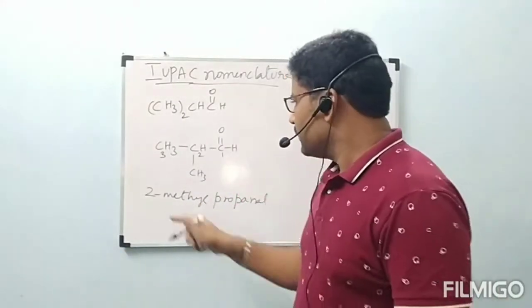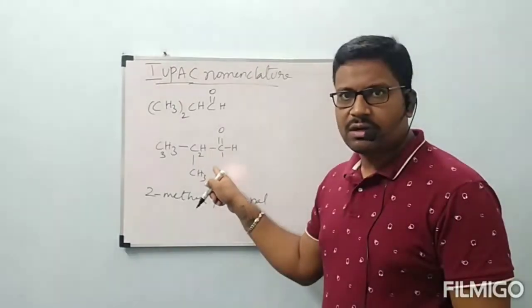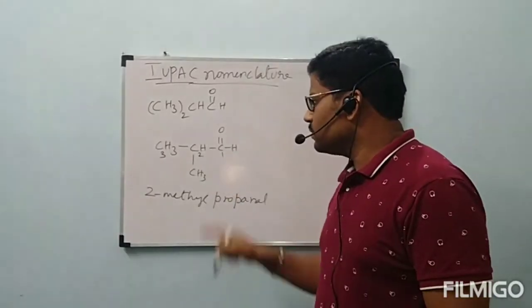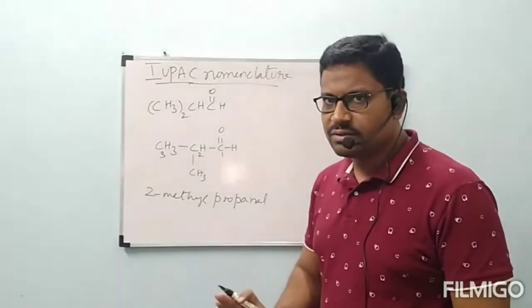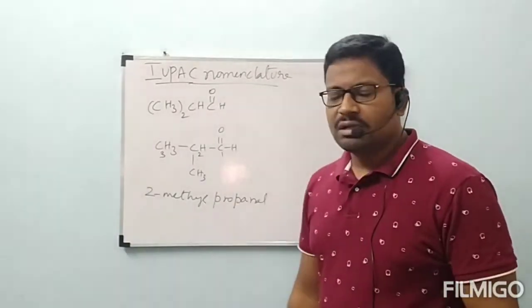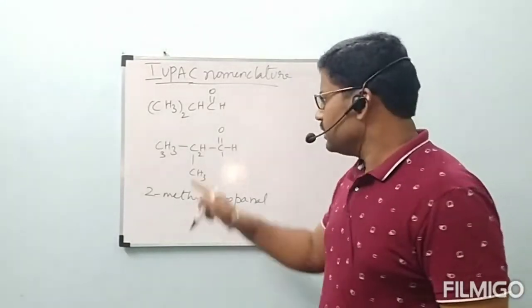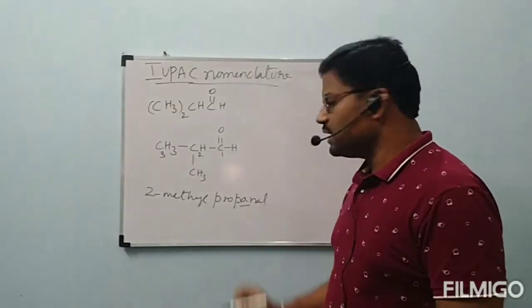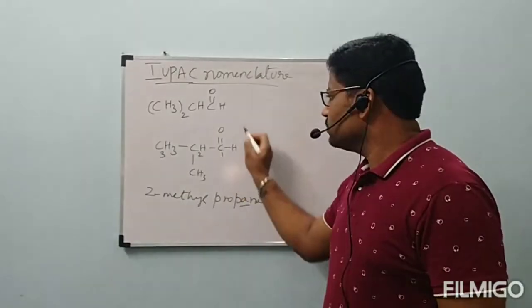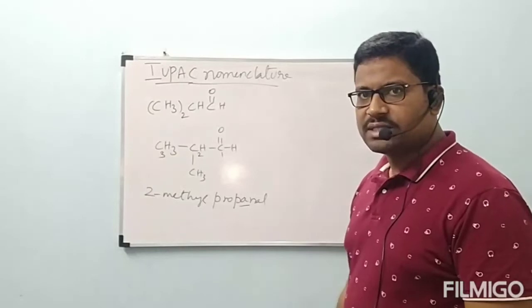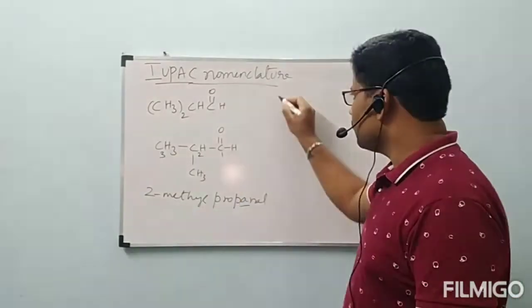So please don't think that this C double bond O makes an unsaturated compound. It is a normal saturated compound containing the functional group CHO, and it ends with -al. So the name of this compound is 2-methyl propanal.